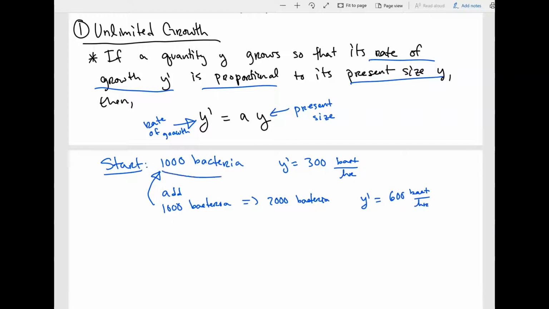Because if this is growing by 300, then the extra 1,000 that I add is going to be an extra 300 in 1 hour. And 300 and 300 is just going to give me 600. So I guess this is going to be a good assumption. My bacteria are just going to be continuously growing by some factor A, where A in this case is the proportionality constant. So what is the factor? Well, in this case, it's going to be doubling, right?